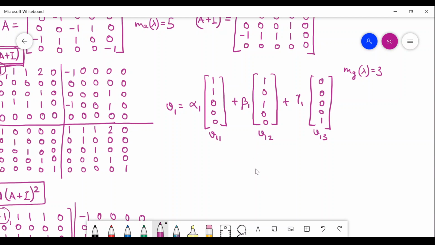So we have a Jordan block of size 3 because we have gone till A plus I cube. So one Jordan block would be of size 3. So there are 3 Jordan blocks. Total size is 5. One Jordan block is of size 3. Other 2 Jordan blocks would be of size 1. So those 2 Jordan blocks would be generated by V11 and V13.